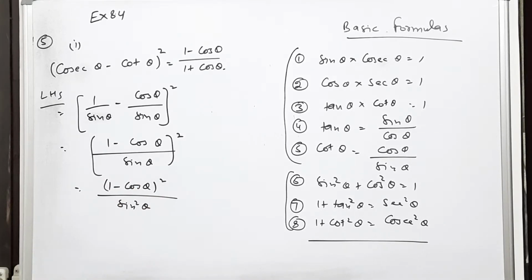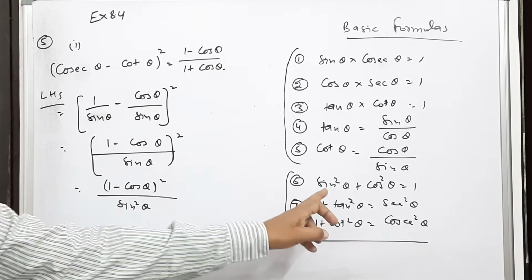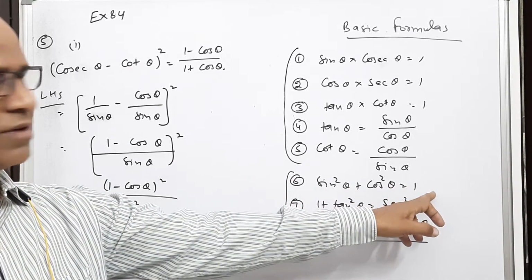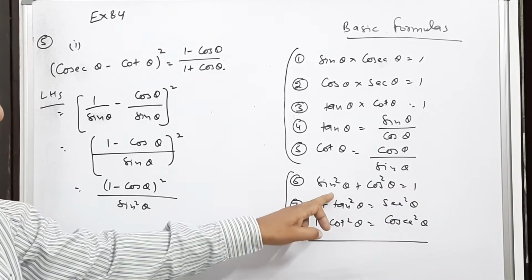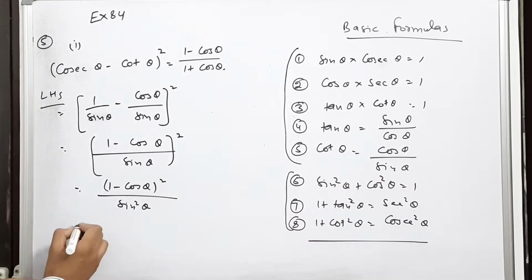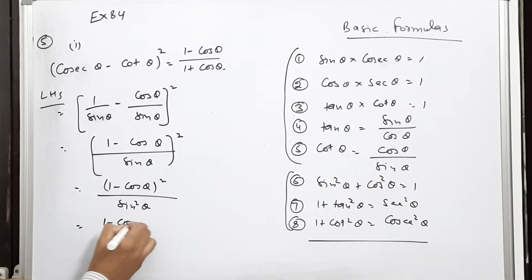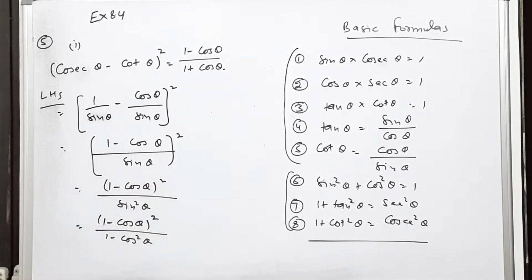Now look at this: sin square plus cos square is 1. So what can sin square be now? 1 minus cos square. So in the next step, 1 minus cos theta whole square and 1 minus cos square theta. See the important step now.